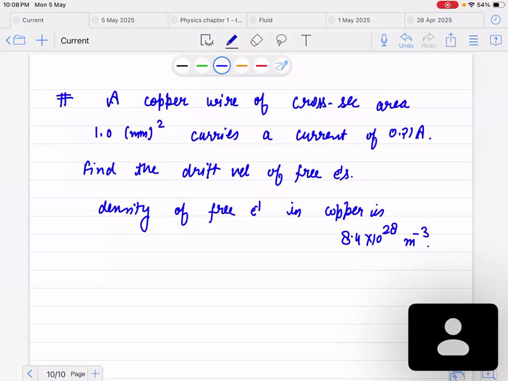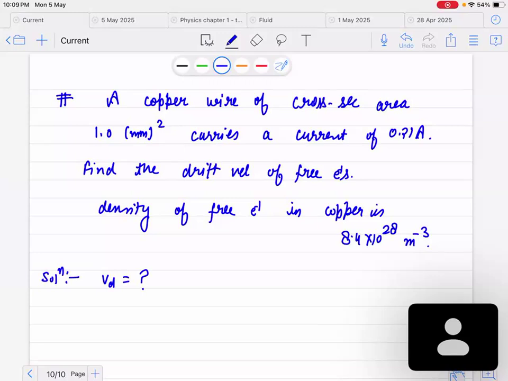Keep in mind, if density is written in terms of cubic centimeter, then please convert it into cubic meter. It is converted already in per cubic meter. Now give the answer of the drift velocity. So we have to convert millimeter to meter. Yes, you have to convert millimeter square into meter square.